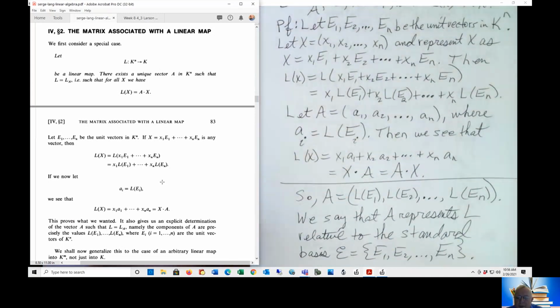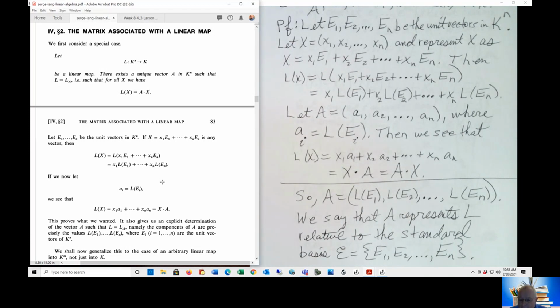And so for this special case, we see that the vector a that we need to represent the linear mapping is the vector whose components are L of v1, comma, L of v2, comma, dot dot dot, comma, L of en.